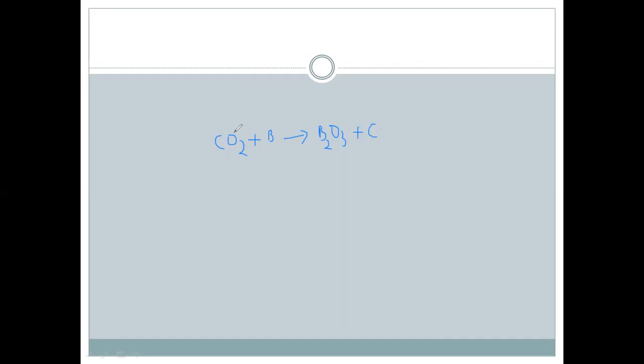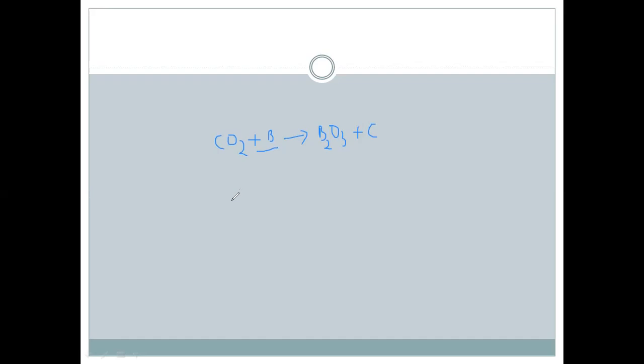It means that oxygen is removed from the carbon dioxide, and the removal of oxygen is helped by the boron. So reduction of carbon dioxide is taking place due to the boron. So boron is the reducing agent. Even SiO2 can be reduced to silicon.